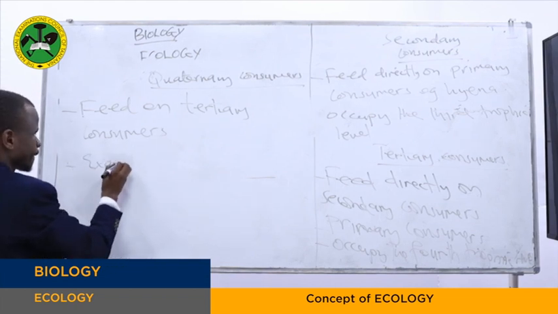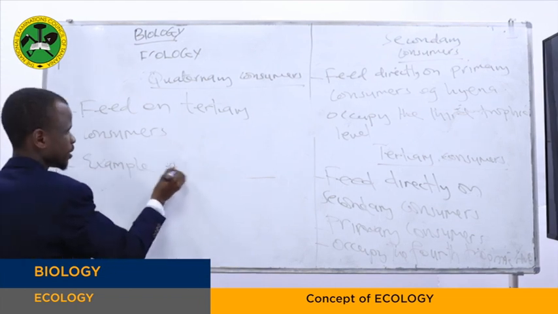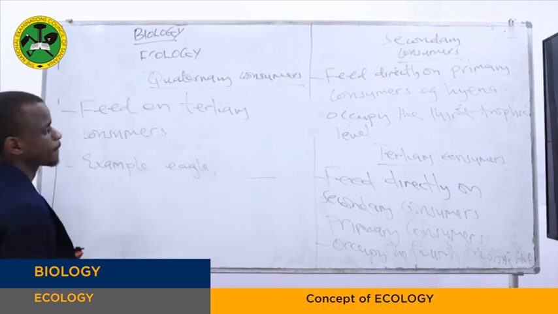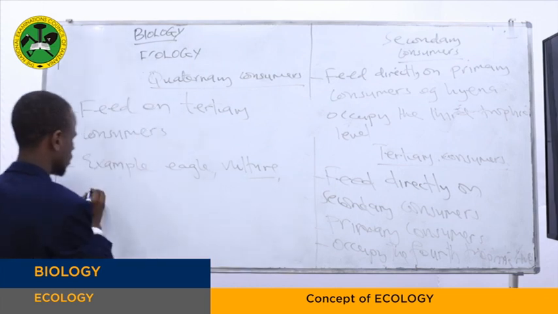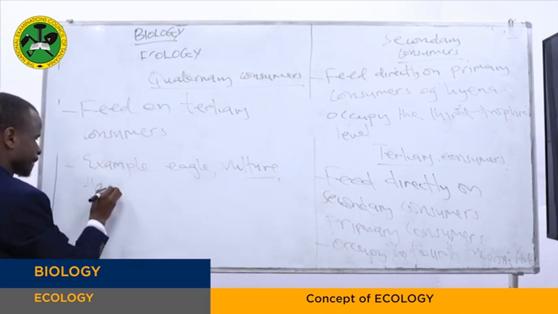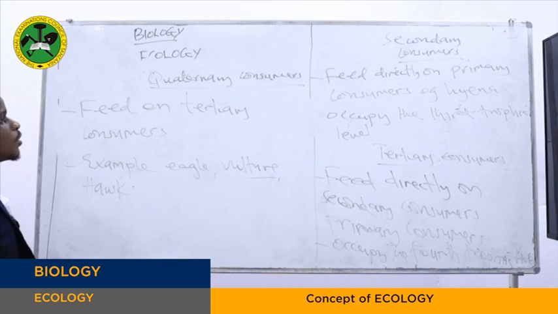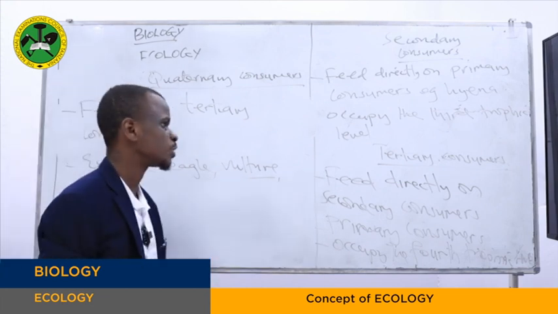Examples are an eagle, vulture, and hawk, which may feed on tertiary consumers.